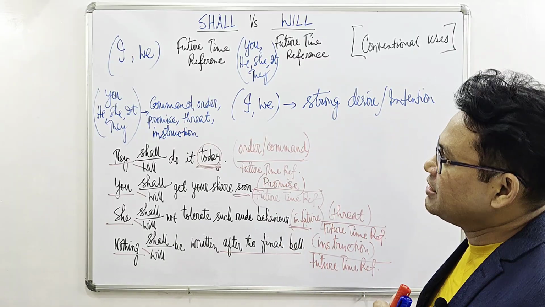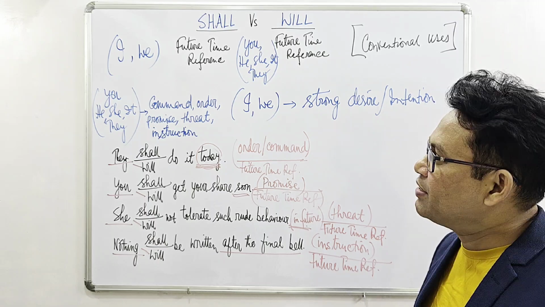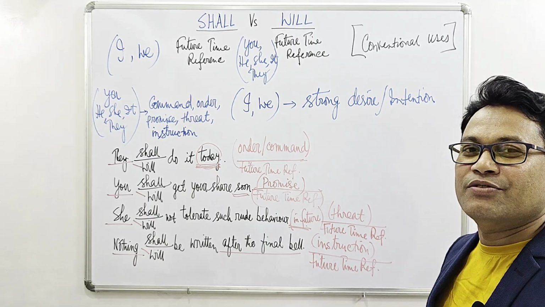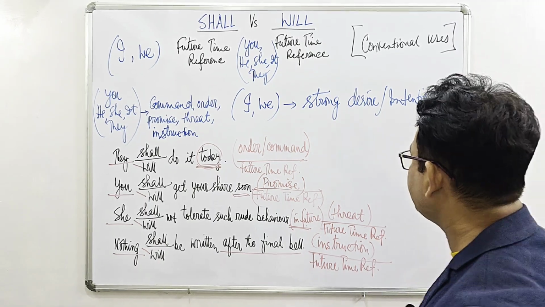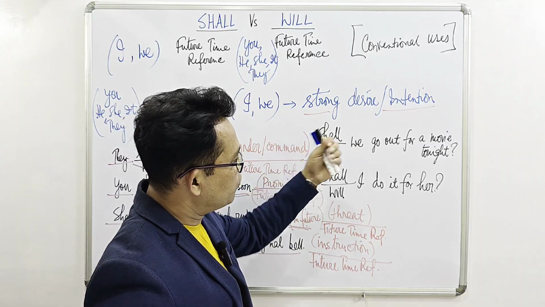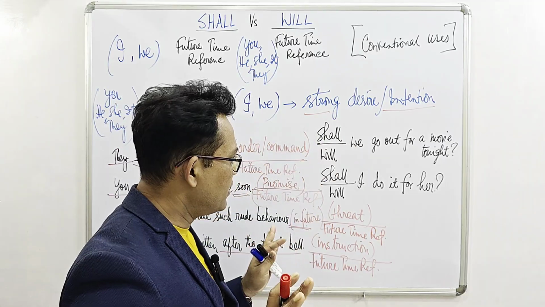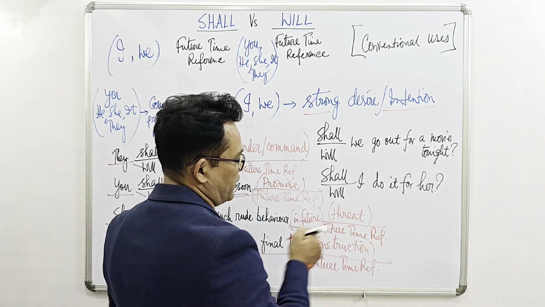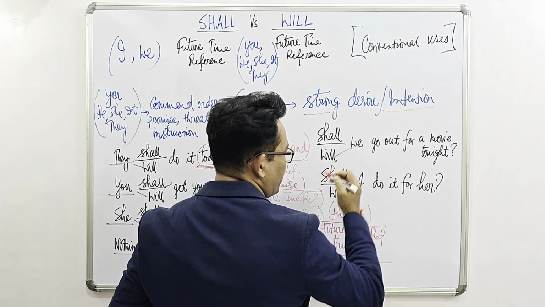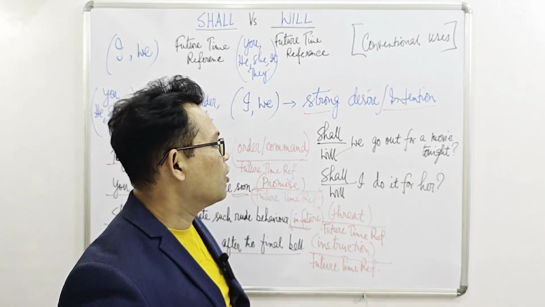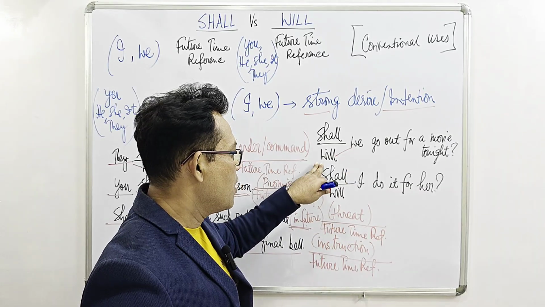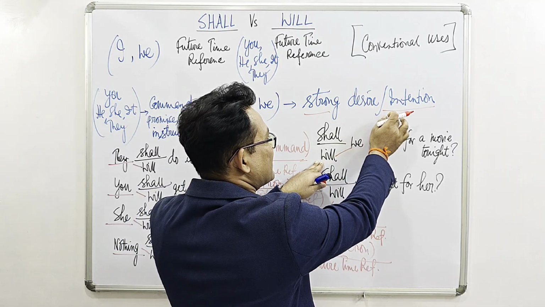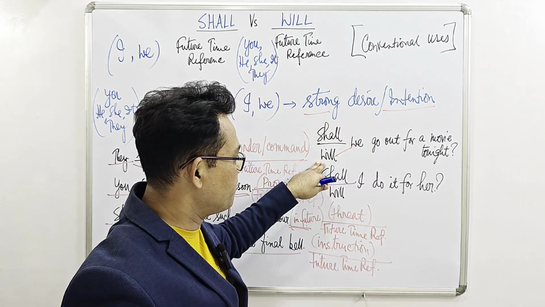Again, I said that shall has already become obsolete in American English, but in two situations shall is still very relevant, and those are interrogative sentences like shall or will we go out for a movie tonight. Now let us explore both possibilities. If we go by this one, will we go out for a movie tonight, will indicates a strong desire or intention.